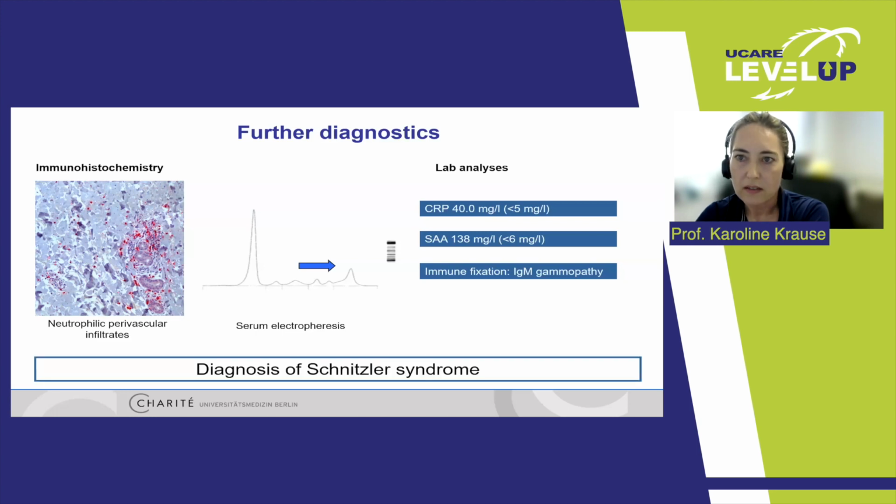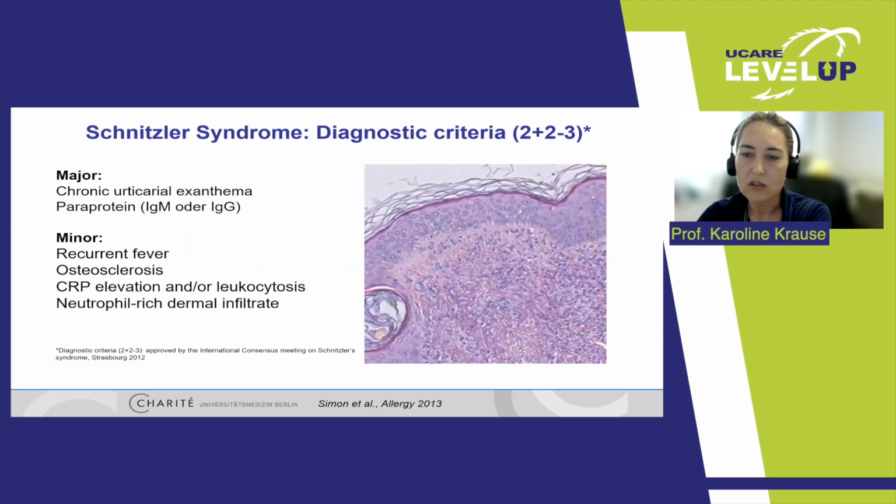So Schnitzler syndrome is diagnosed just clinically. There are 2 major criteria. This is first the chronic urticarial exanthema, and then second, the paraprotein. Both major signs have to be there. Usually it's of the IgM class in about 90 to 95% of cases, rarely also IgG. However, if you have an IgG variant, you need to be more careful.